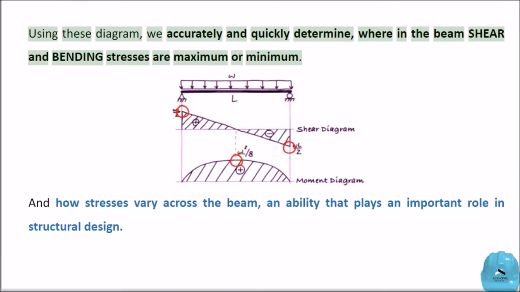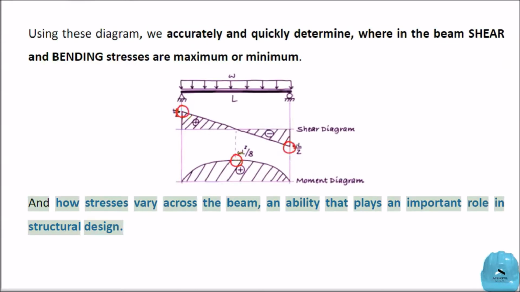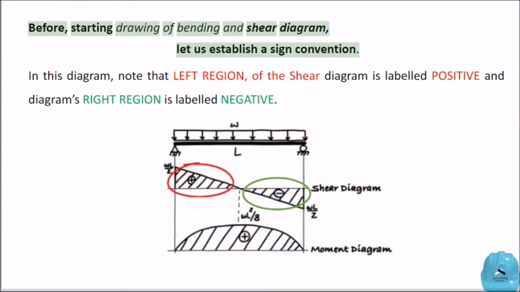Using these diagrams, we can accurately and quickly determine where in the beam the shear and bending stresses are maximum or minimum, and how stresses vary across the beam, an ability that plays an important role in structural design. Before starting to draw the bending and shear diagrams, let us establish a sign convention.